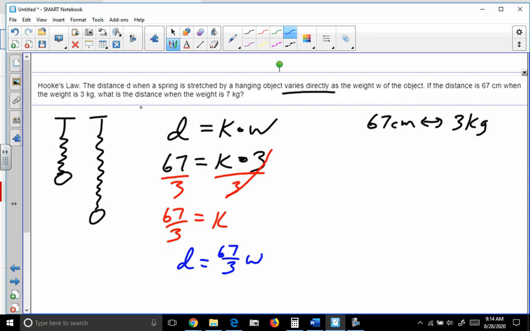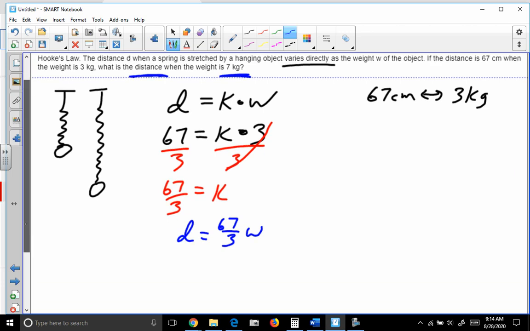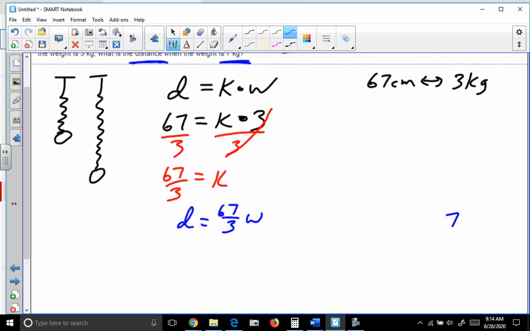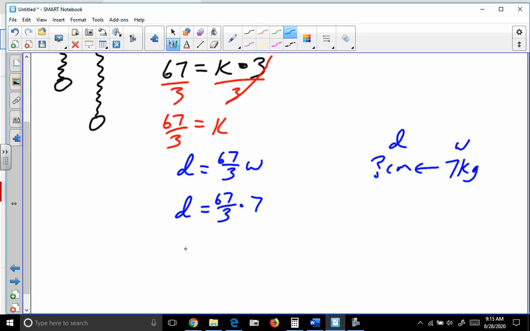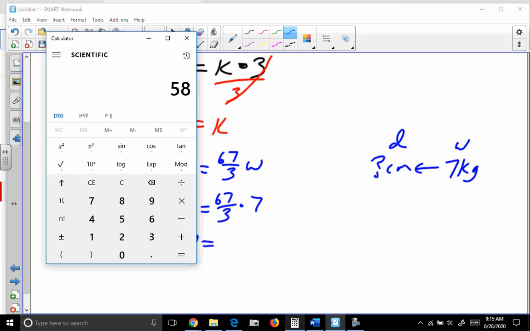So now they want us to find what the distance is if we change the weight. We're going to put 7 kilograms on it, and we want to find how far this spring is going to stretch. So 7 is W, and we're looking for D. So we go into our equation, we replace W with 7, and then we can run that through our calculator.